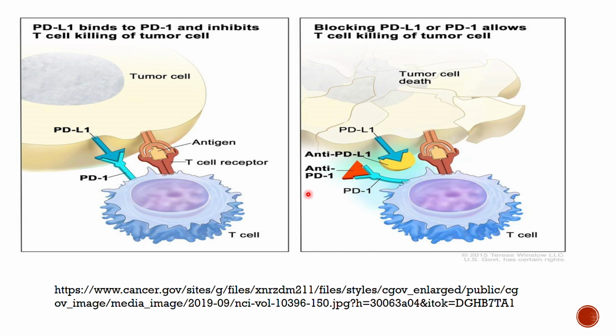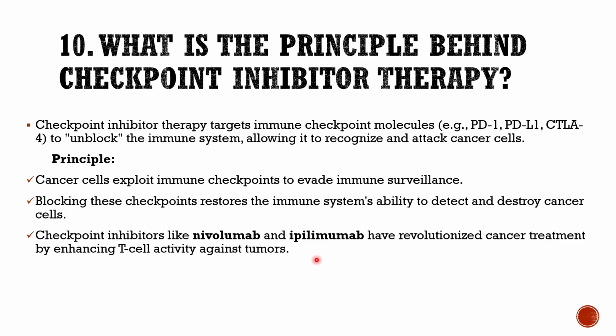When the cancer cells copy the character of checkpoints, we have to make something that can stop the action of checkpoints, and that product we have manufactured is called a checkpoint inhibitor.